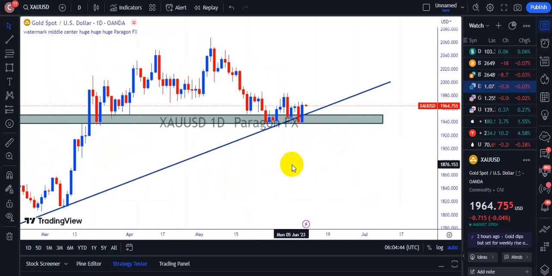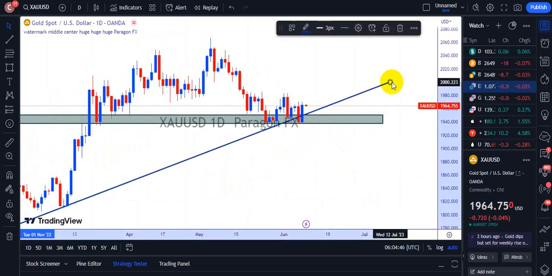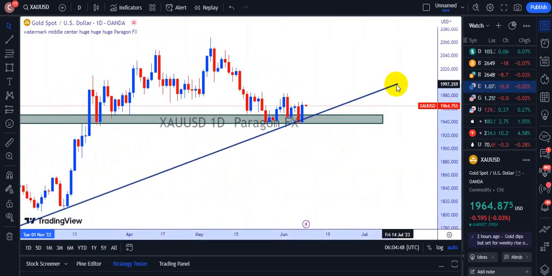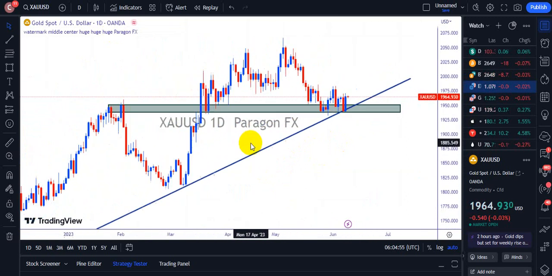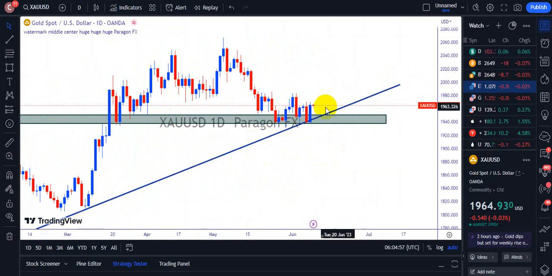Okay, but if we adjust at the, look at this, as we adjusted the market do not break this area, and I hope so this time market go to this area again.